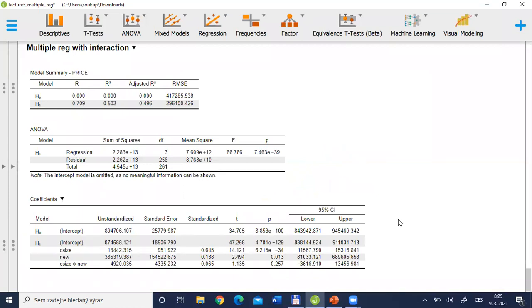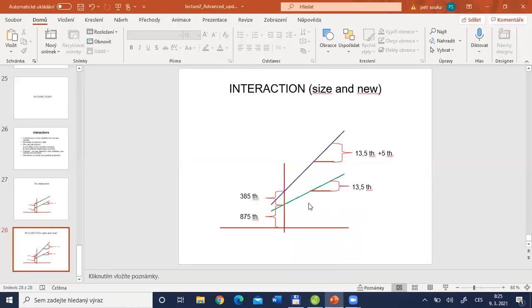We can't, because the p is too high on the size new column. So this p-value is quite big, or the t-value is quite low. The confidence interval can be from minus to plus. So maybe our result, which is descriptive here on this picture, is not realistic for the whole population.